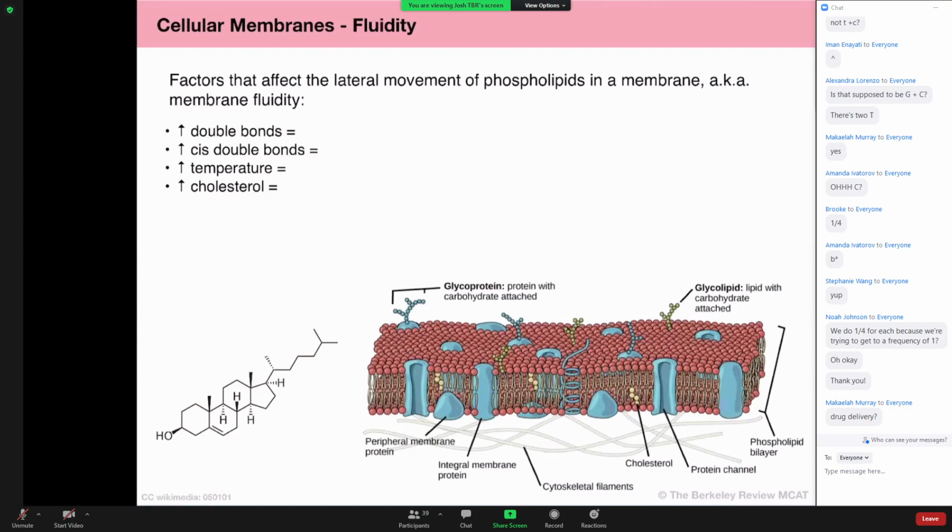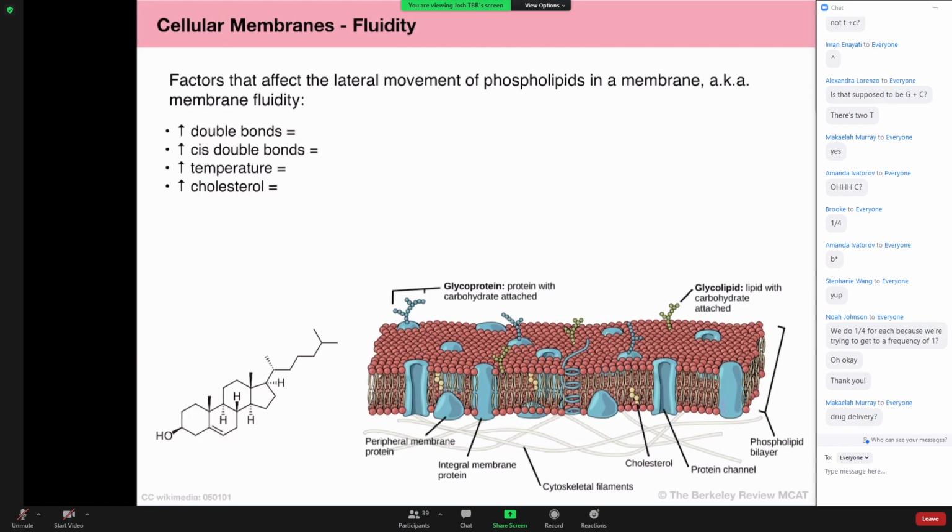So membrane fluidity. There are lots of different factors that affect membrane fluidity. You've heard this a million times, but it's good to go over it again just so we can move on from it, because it's assumed for everything that comes after this. So what do double bonds do?